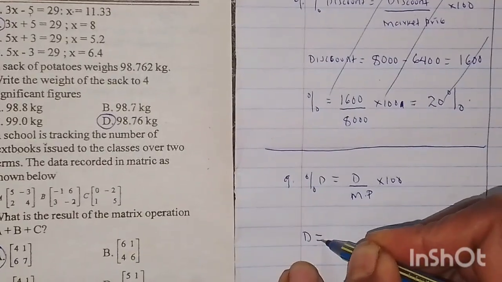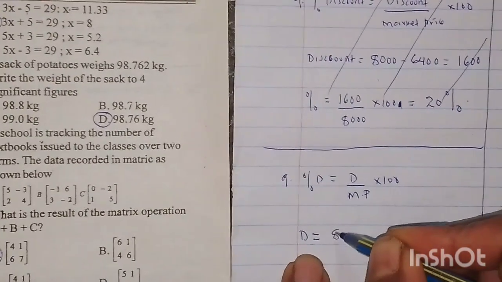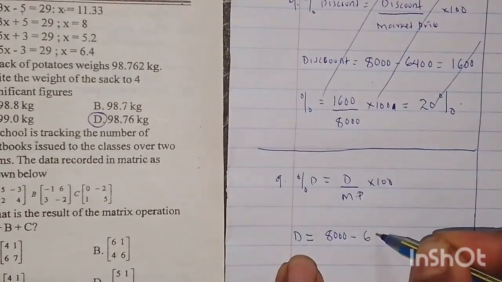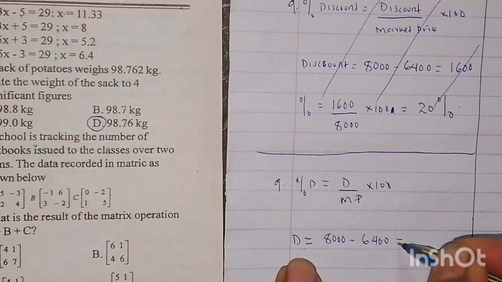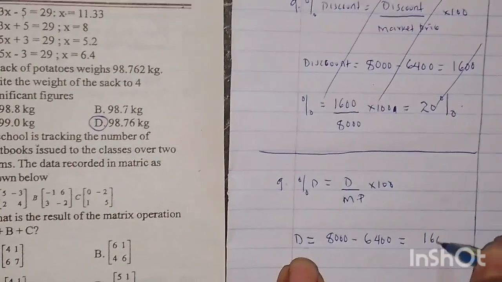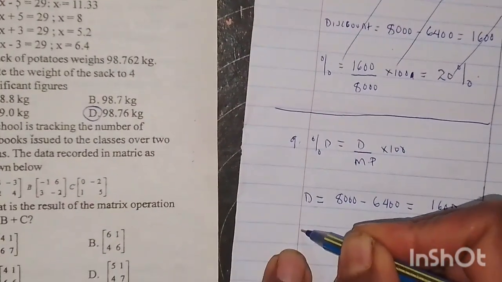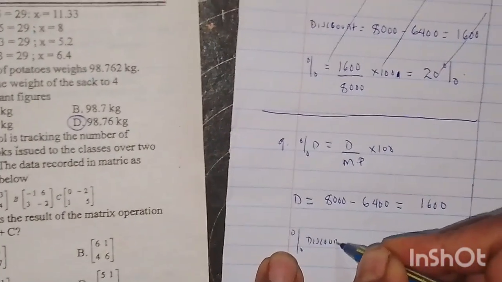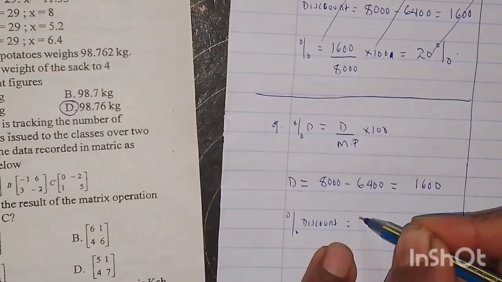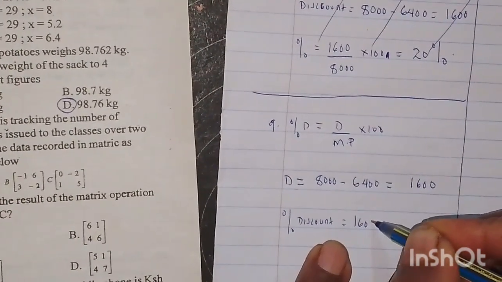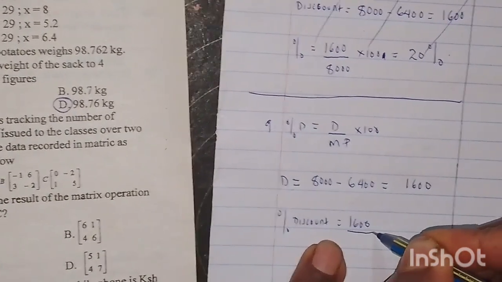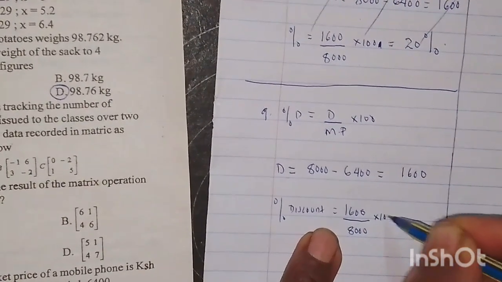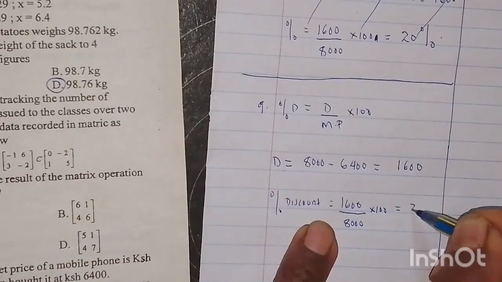Discount is the same as it was offered at 8,000, but John bought it at 6,400. Therefore, the discount is 1,600. Therefore, percentage discount is 1,600 divided by 8,000 multiplied by 100, and the answer is 20%.